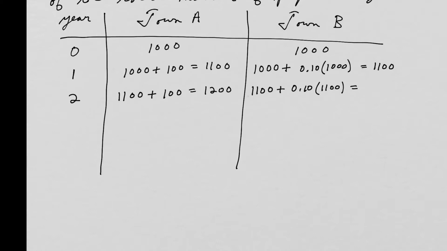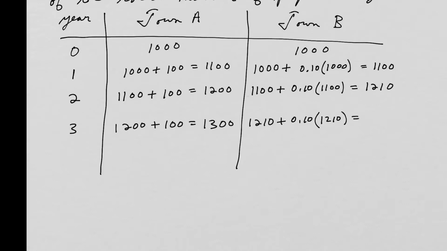And that turns out to be a little bit more than 1,200, around 1,210 in this case. And in the third year, town A would be the previous year, 1,200, plus an additional 100, so that would be 1,300. And town B would be the previous year, 1,210, plus 10% of the previous year. And that turns out to be 1,331.